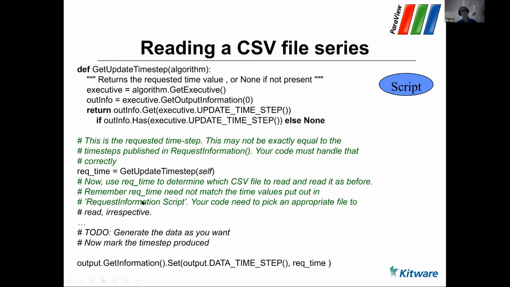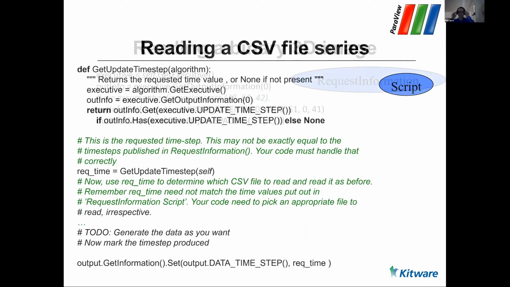And after that, we read the actual data. We set that data to the output, and then say that, well, if we didn't read that time step, but we read some time value close by, we have to say what we read. So we set the data time step to the value that we actually read.